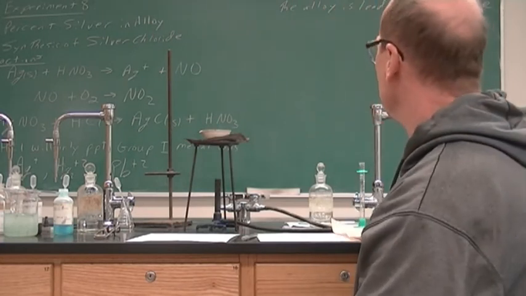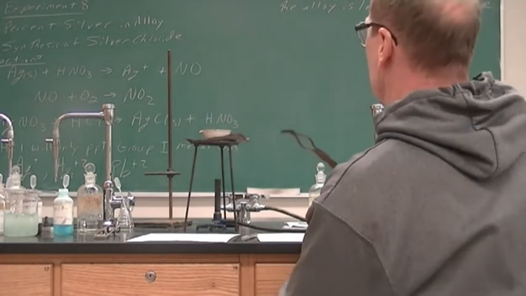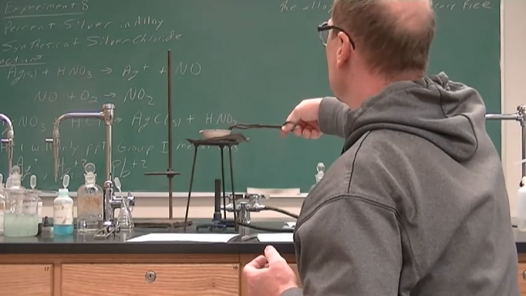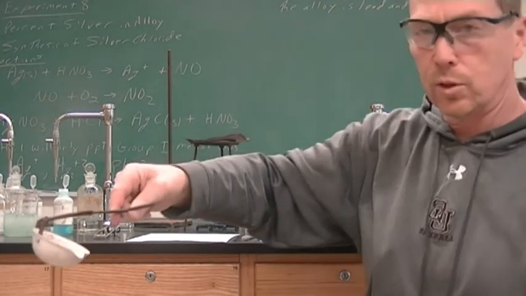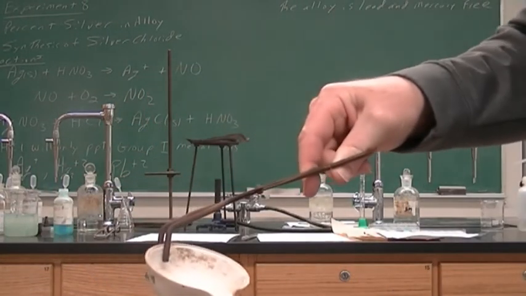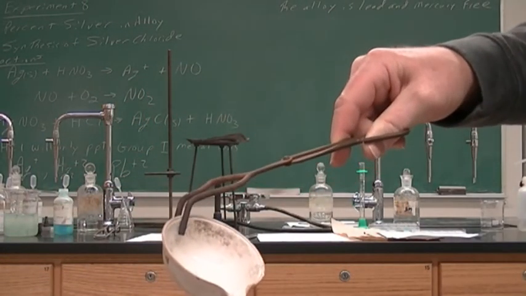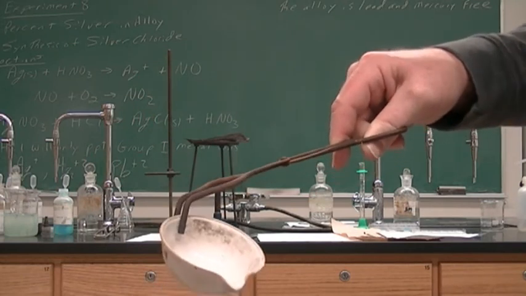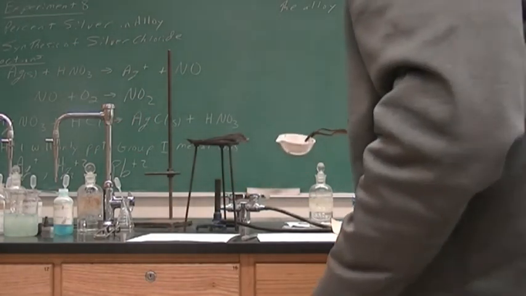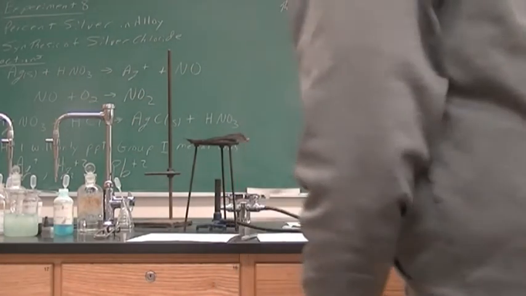Let's see. Grab this. Show you what it looks like inside here now. So it should be a white precipitate. Don't want to drop it. All right, so it's white precipitate. It's got some yellowing around it. I didn't want to melt it.